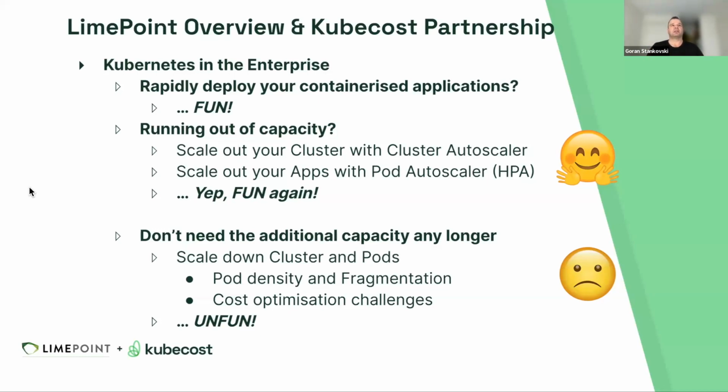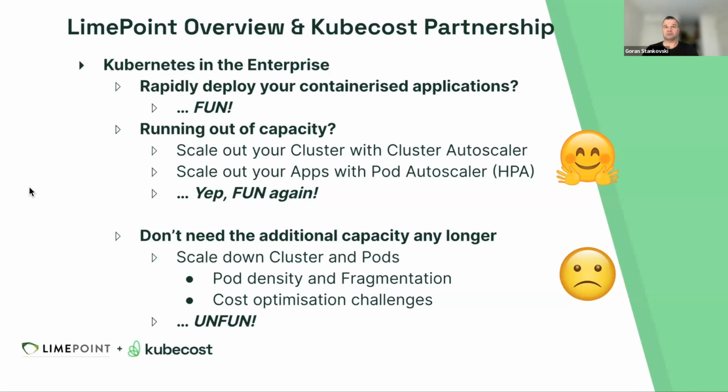But in terms of how that relates to a Kubernetes platform in enterprise, I think there's lots of parallels that can be drawn there. When we're talking about rapidly deploying containerized applications, Kubernetes gives you the ability to do that. That's absolutely super fun as an activity. You can get lots of benefit in being able to do that really quickly. Similarly, one of the benefits of Kubernetes is the ability to dynamically scale up and down the platform to adjust to your changing workloads.